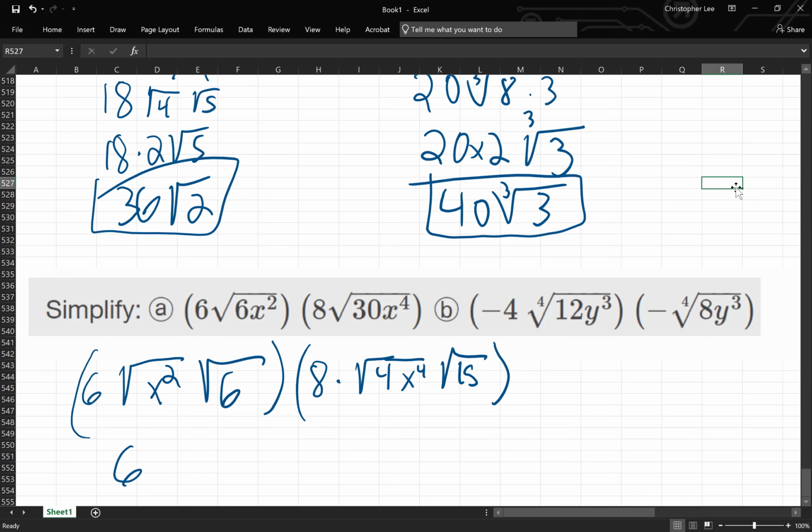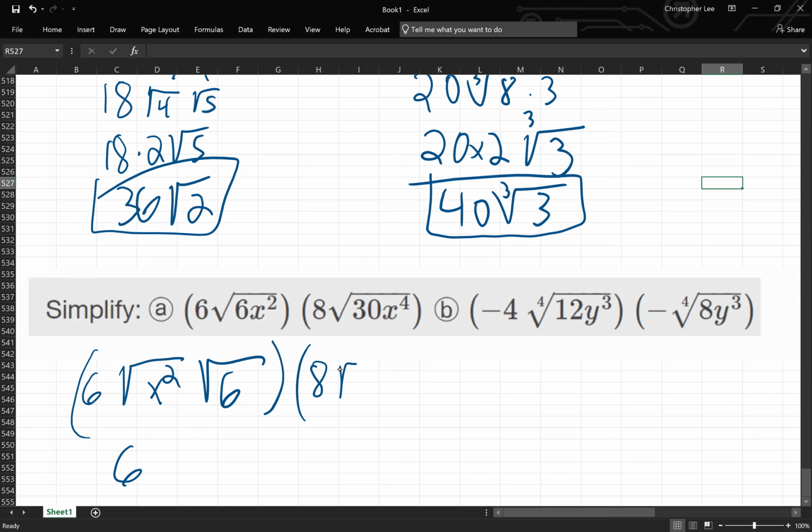I am tapping out right now. Wait, 15 times 2 is 30. Actually, 30 is not even going to work, because 30 is 5 times 6, 3 times 2. It doesn't work.